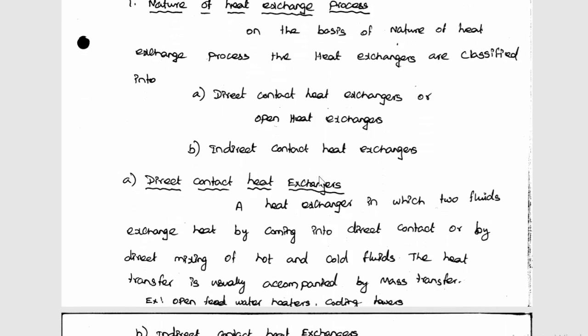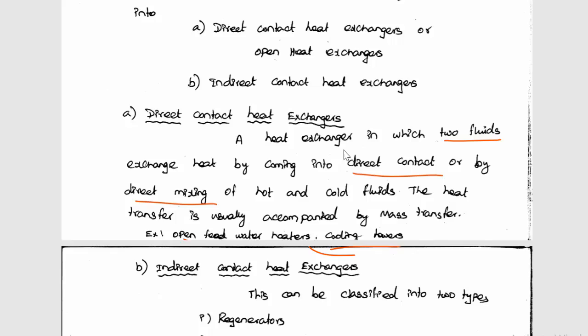In direct contact heat exchangers, the two fluids which are going to exchange heat are in direct contact with each other, or directly mixed together, in order to exchange heat between them. For example, open feed water heaters and cooling towers are direct contact heat exchangers.